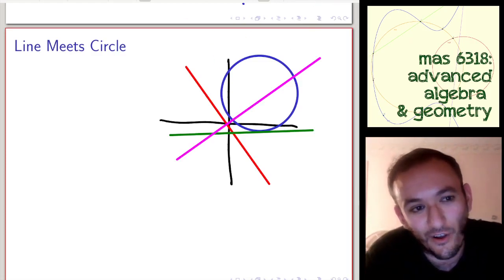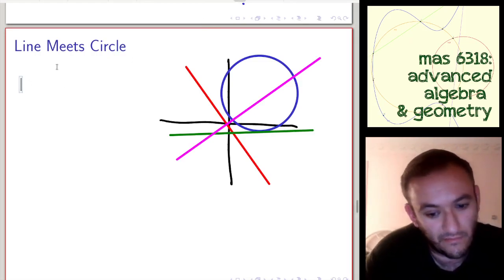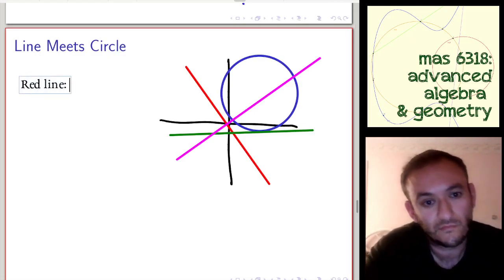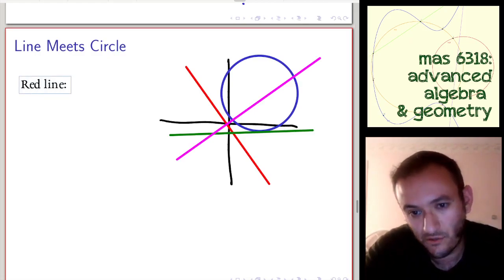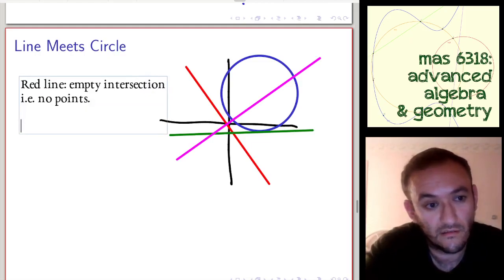So let's consider all three of these cases. With the red line, that's describing empty intersection. No points.